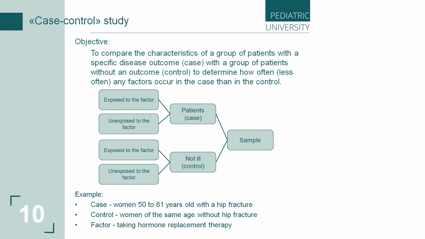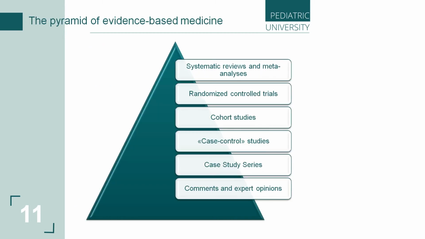And now we can see that all kinds of studies add up into a pyramid of evidence-based medicine. By level of evidence, the closer to the top of the pyramid, the higher the level of evidence, the more we can trust a given study.